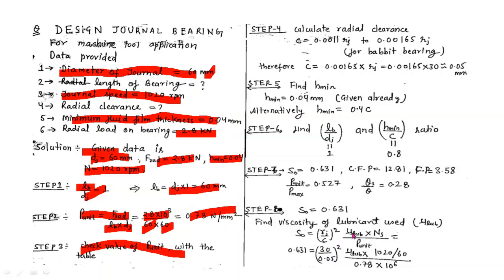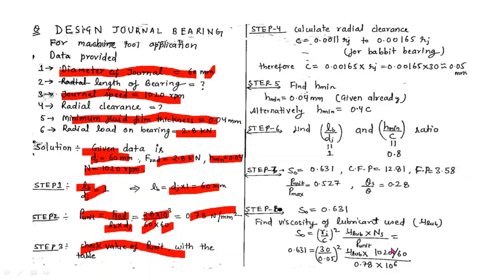Here mu lubricant we have to find out, and the speed is in RPS, that is, revolutions per second. In our question, the speed of the shaft is given in revolutions per minute, so we have to convert it into revolutions per second.